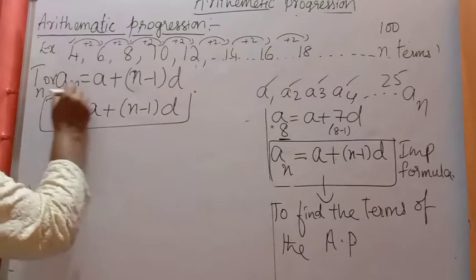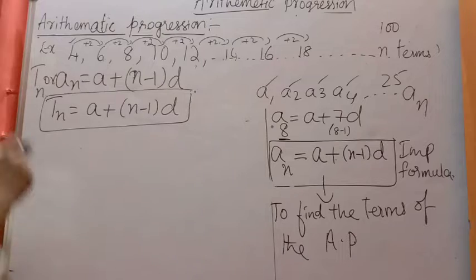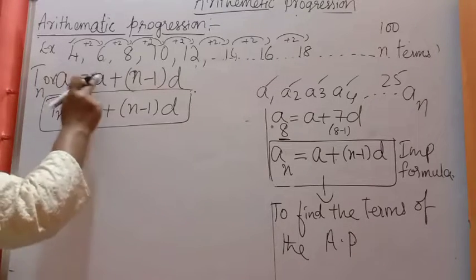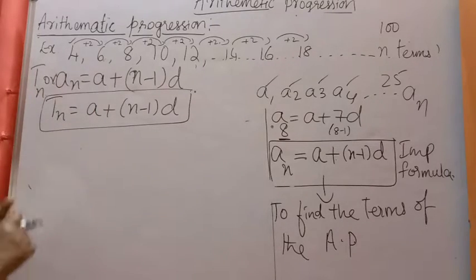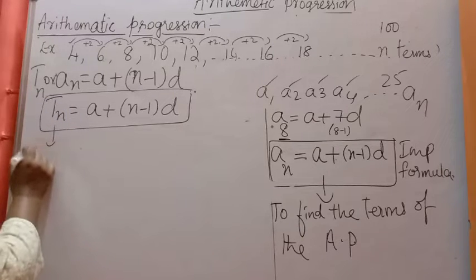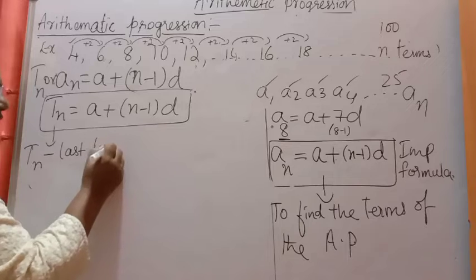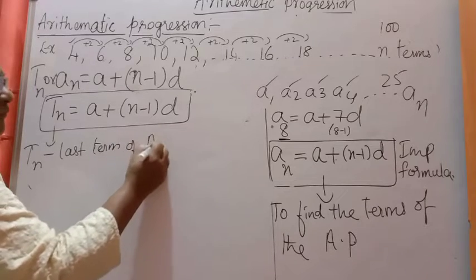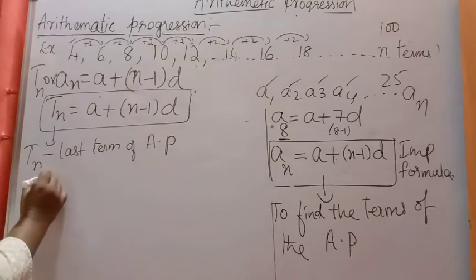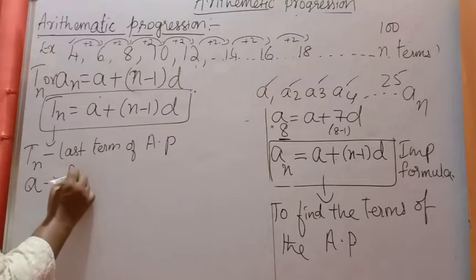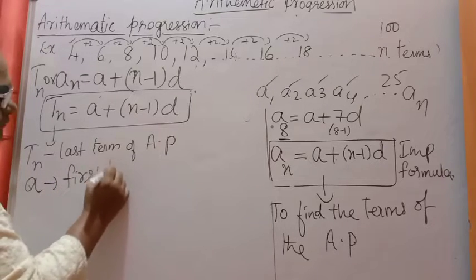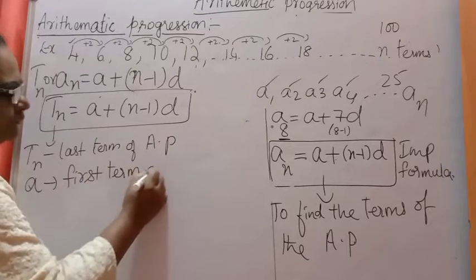Now I should know what is AN, TN and all. Why I have taken TN here? Because it may be little confusion. Here also A, here also A. This TN is nothing but last term of AP. A is nothing but first term of AP.